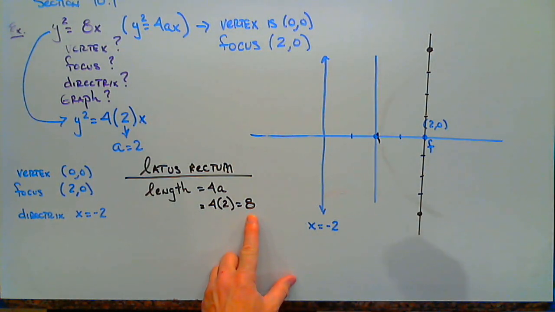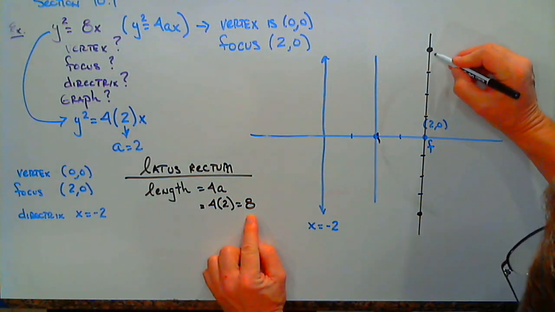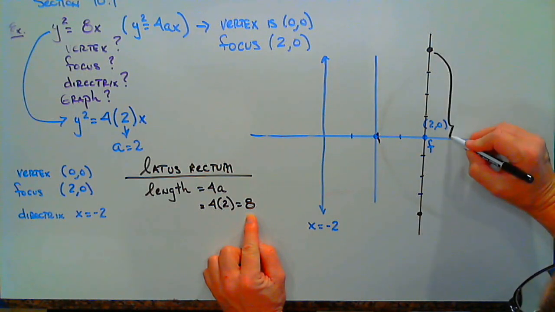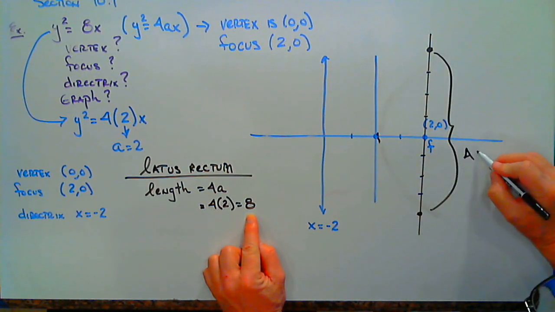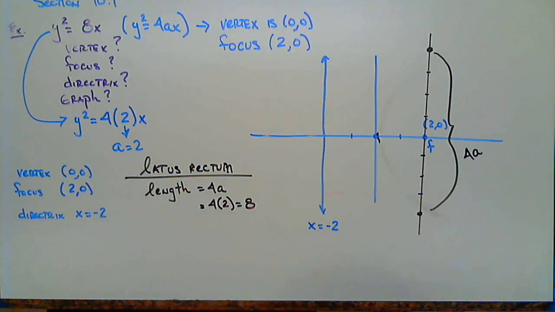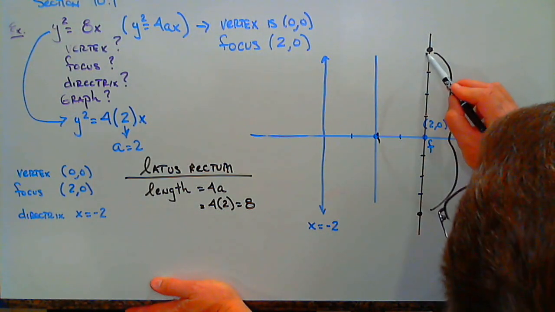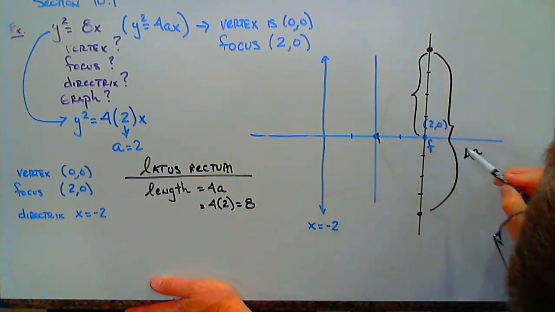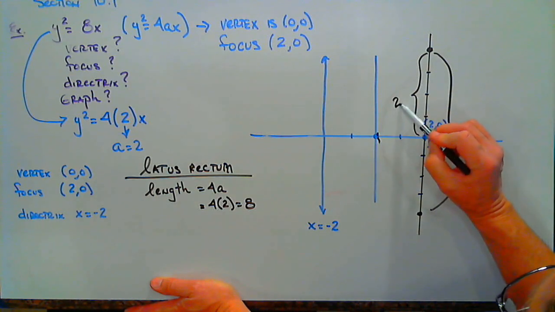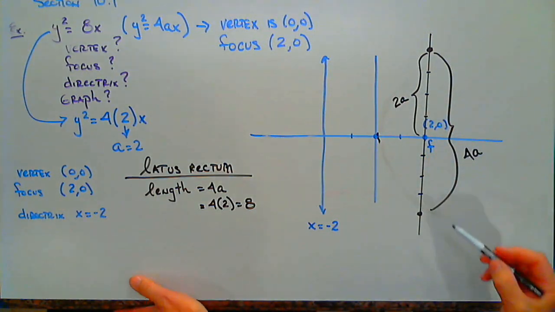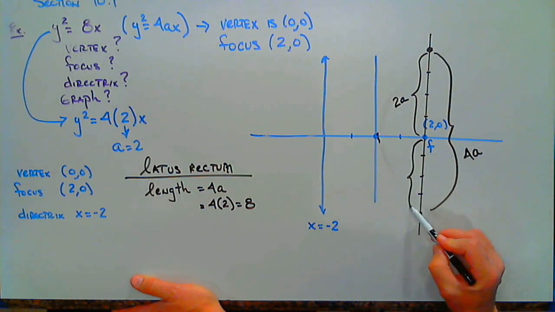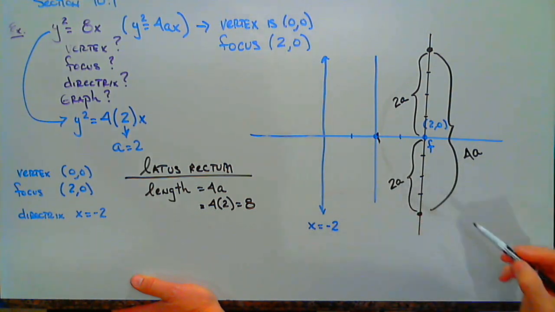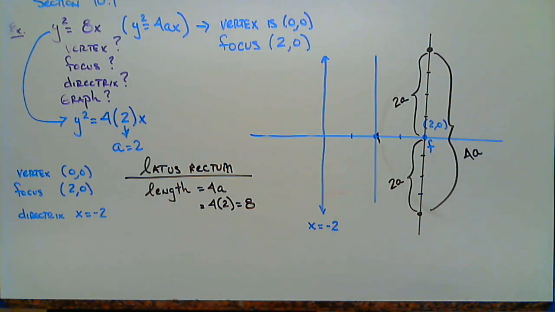We know we took half of this, right? Remember, the entire length is 4a, which means this half is going to be half of 4a. That half is going to be 2. And this piece right here is also going to be 2a.